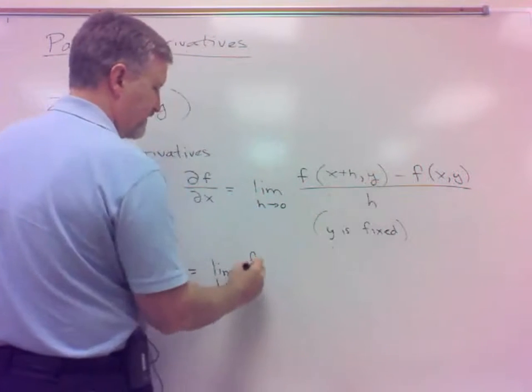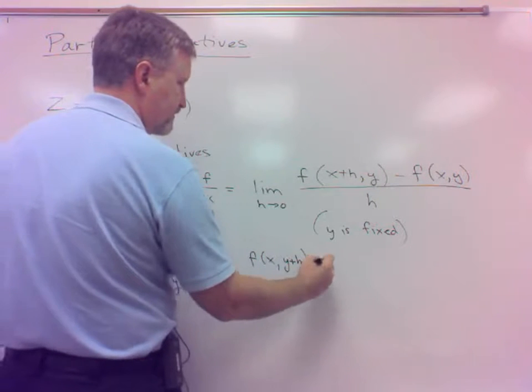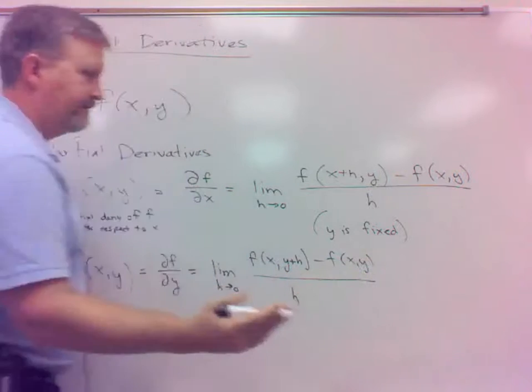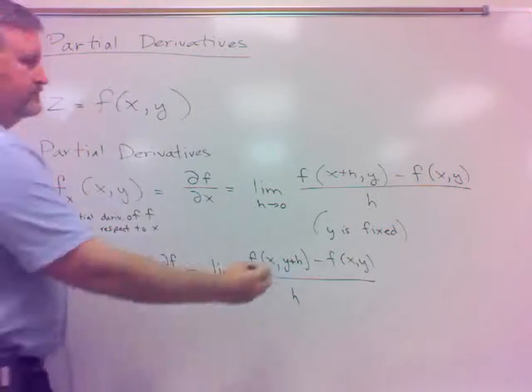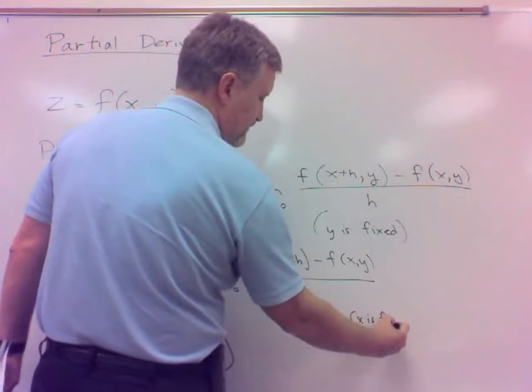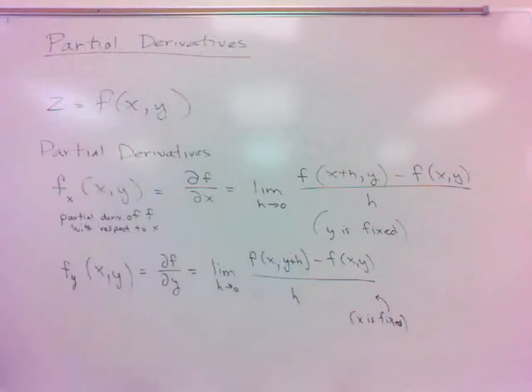So it'll be f of x, y plus h minus f of x, y divided by h. Okay? So the x is fixed here. Notice that. All right.